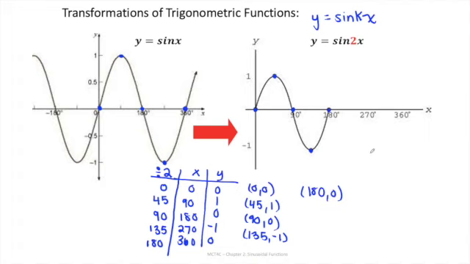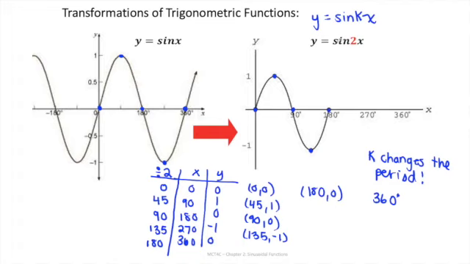Remember from that very first slide, that K changes the period, and they gave you a little formula to be able to figure it out. Our regular period on this graph is 0 to 360 degrees.